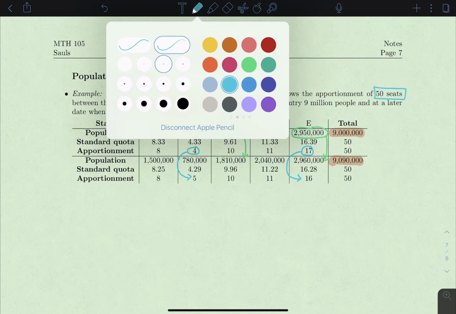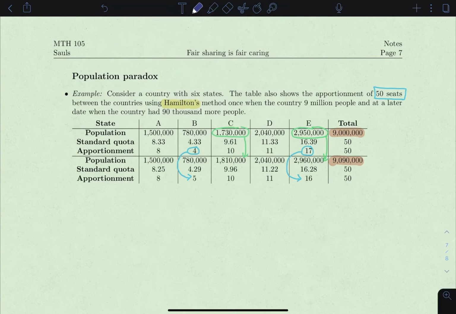So that's the paradox here. That's the issue, and that's what's going to make E upset. B's population didn't change. It stayed the same. But they gained a seat.